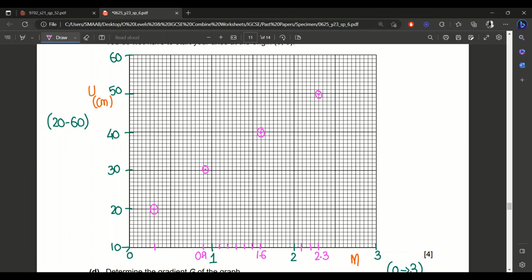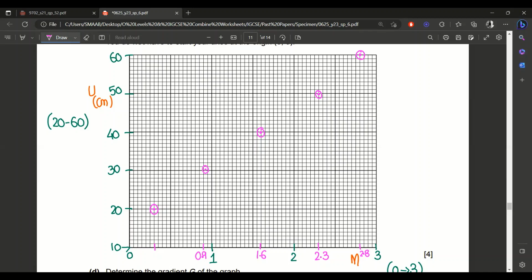Finally, we have 2.8, so 2.8 will be over here. Any confusion? No. Okay. Remove the extra line. So 2.8 and the final value will be equal to 60. Over here we are getting our last point, 60.